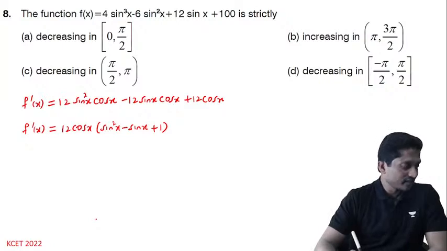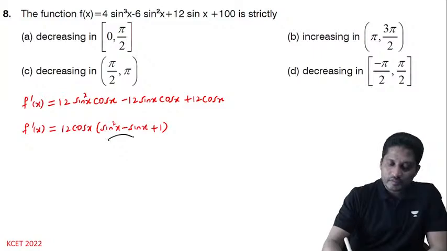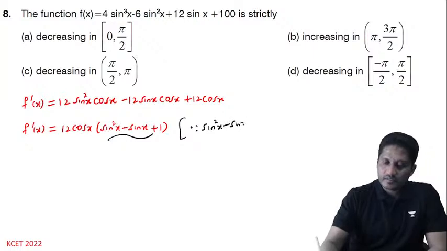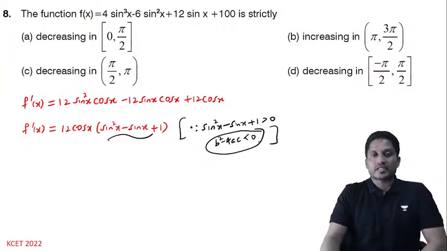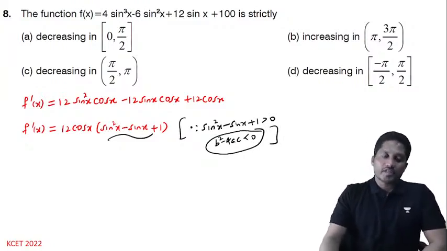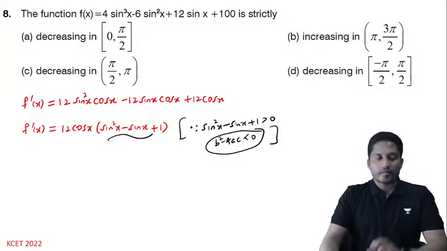Thanks Amit. Okay, now listen, guys. This is always positive, right? Sine square x minus sine x plus 1 is always positive, because b square minus 4ac is negative. Discriminant is negative, means quadratic equation is always positive. You get a quadratic equation in sine where b square minus 4ac is negative, so quadratic equation should be positive.